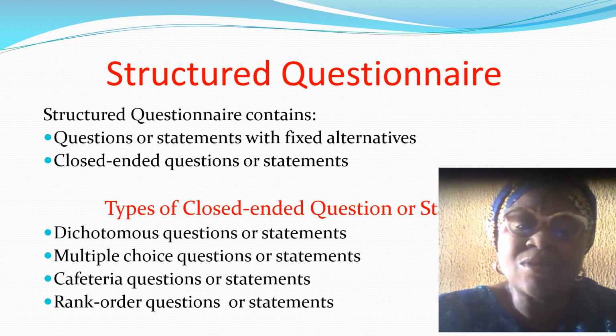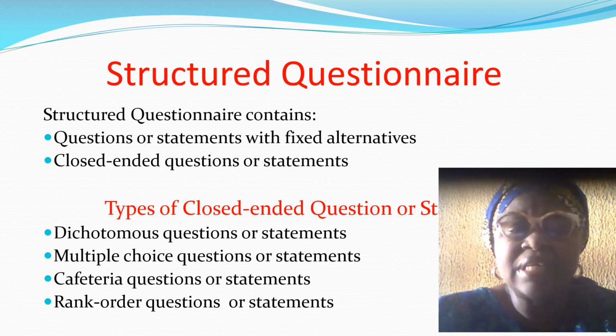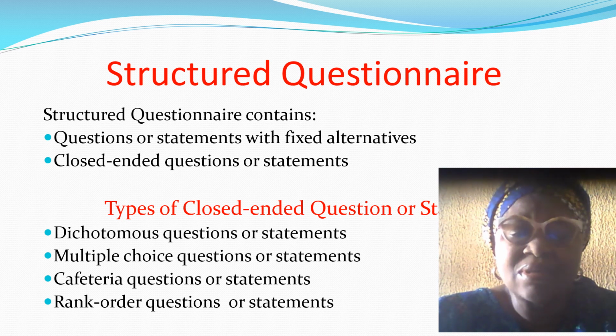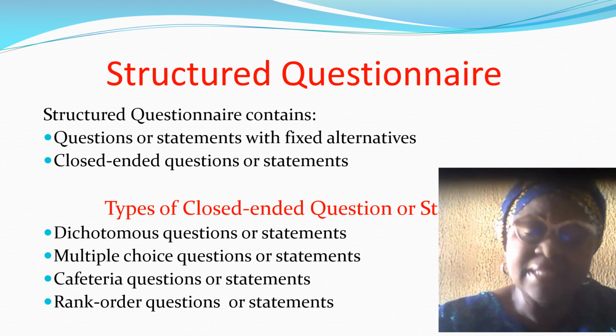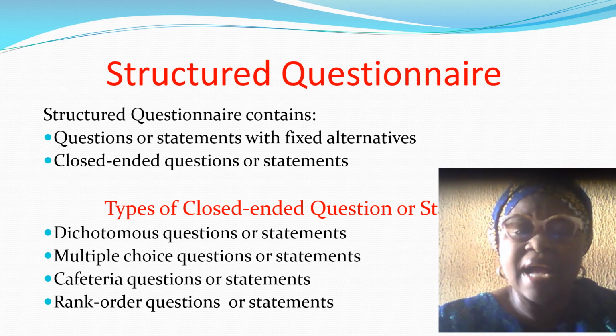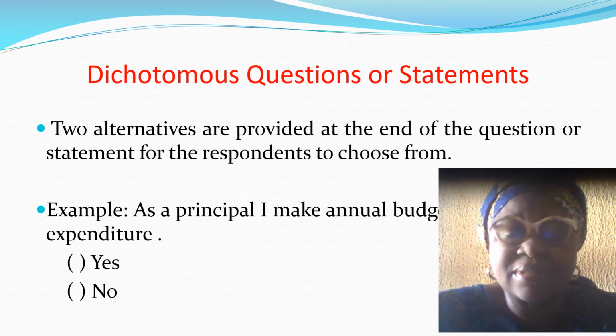We have types of closed-ended questions or statements. They include dichotomous questions or statements, multiple choice questions or statements, cafeteria questions or statements, and rank order questions or statements. These are types of structured items in a questionnaire.